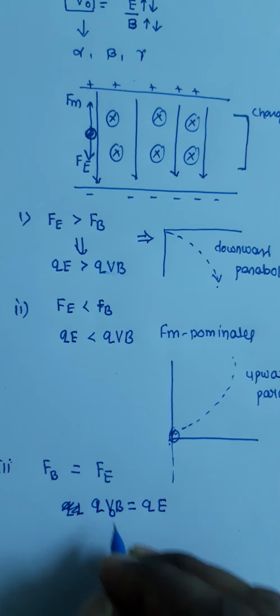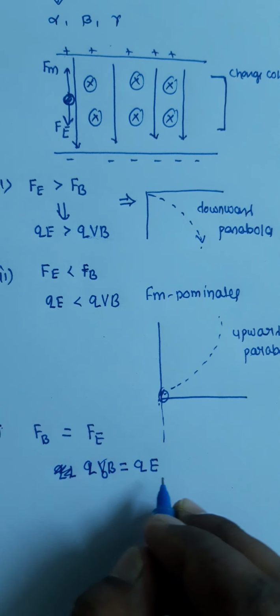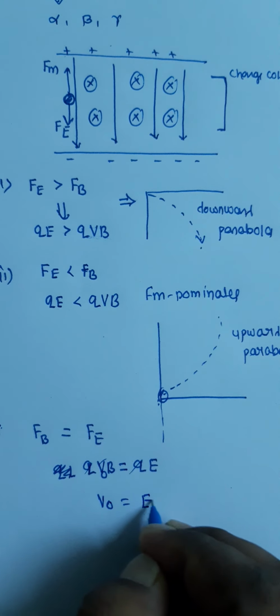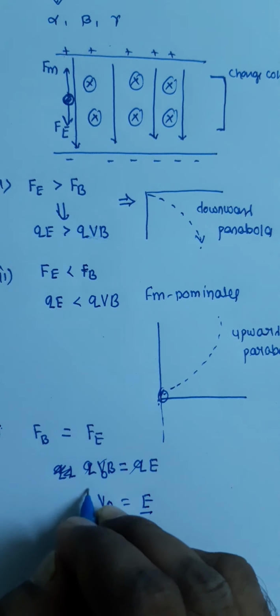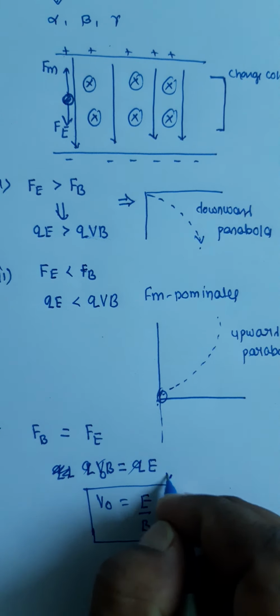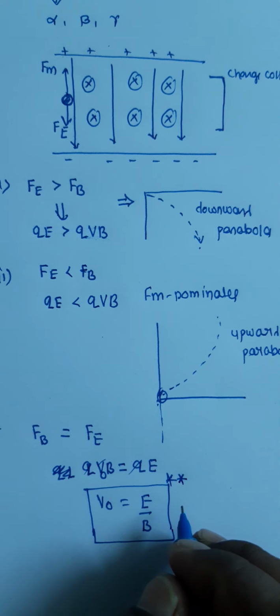Suppose this is V naught. Q will cancel out, so we get V naught equal to E by B. And this is the expression we are looking for, very helpful for us.